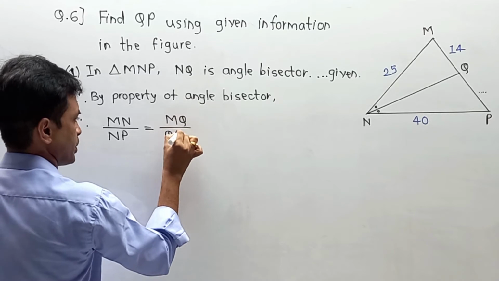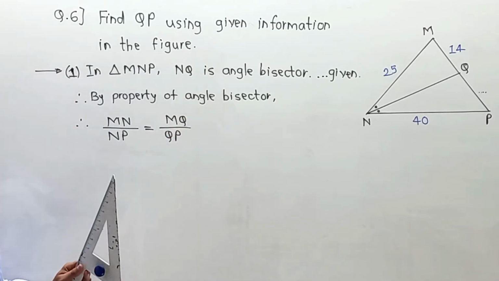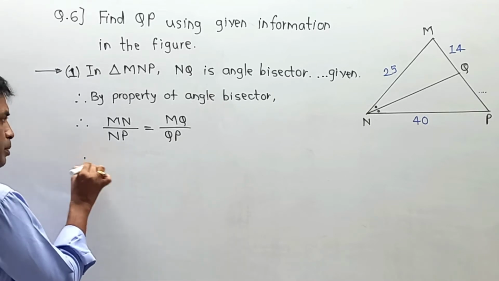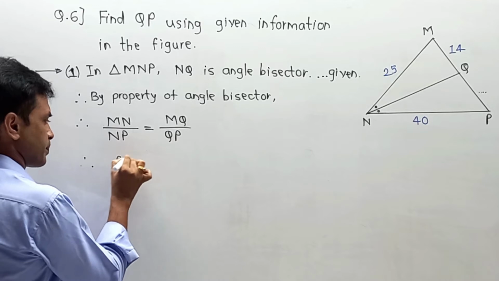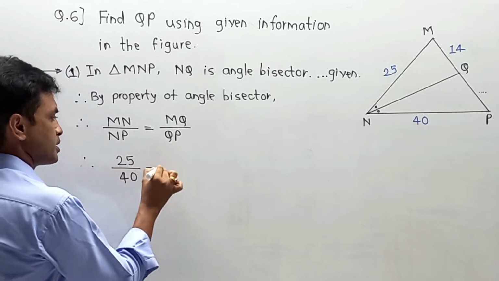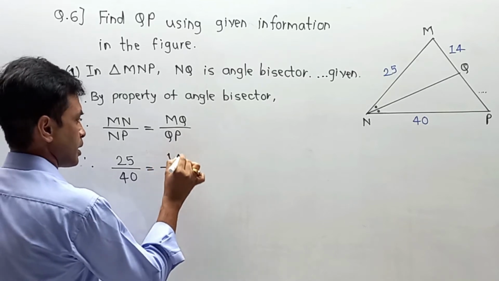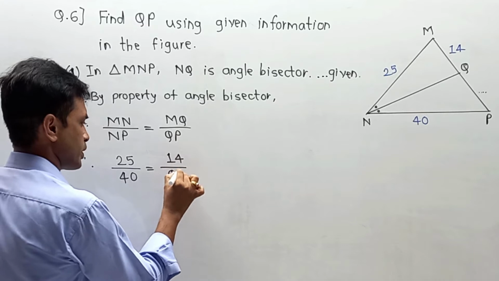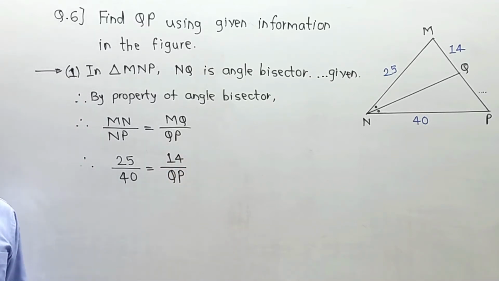MQ upon QP. Now here I am going to put in the values so that we can come to the solution and conclusion. As per the diagram, MN is given as 25, upon NP, that is 40, is equal to MQ, that is 14, upon QP, which we are supposed to find. Now students, from this part we have to understand some calculation tricks.